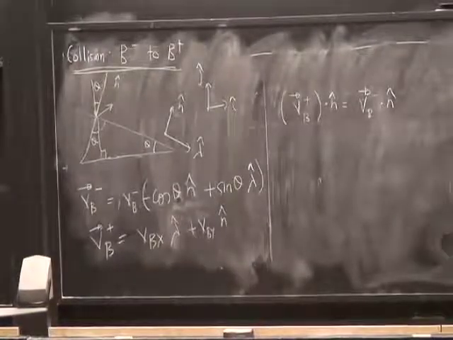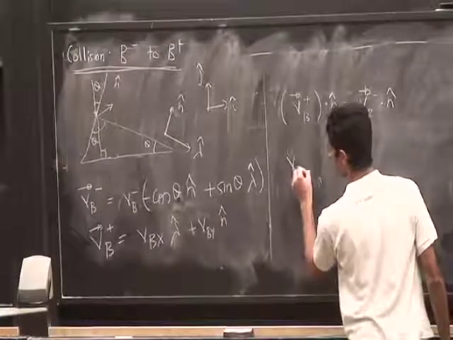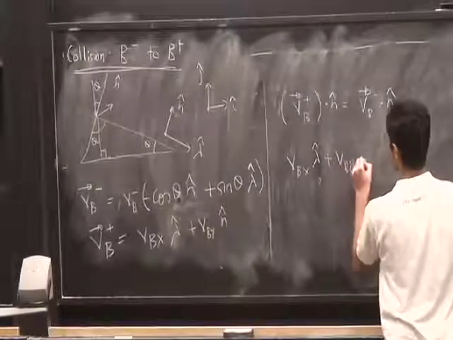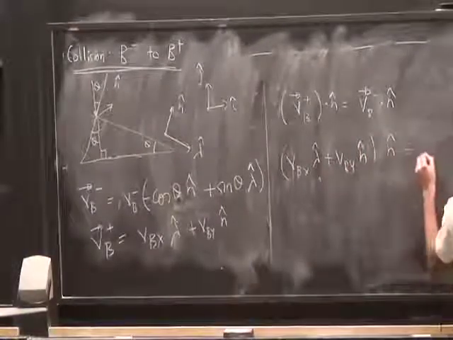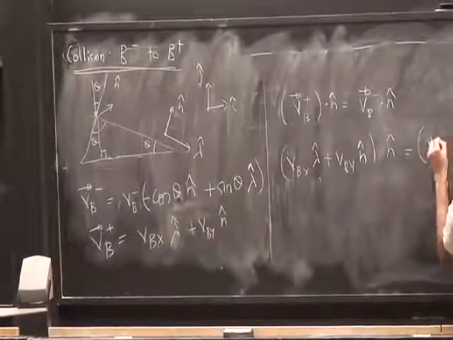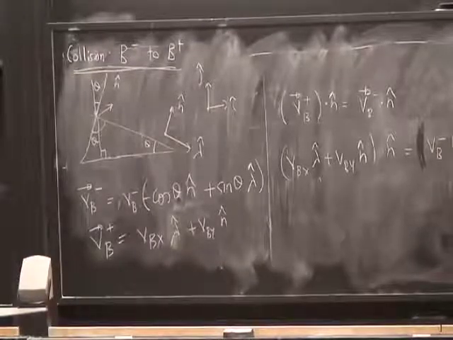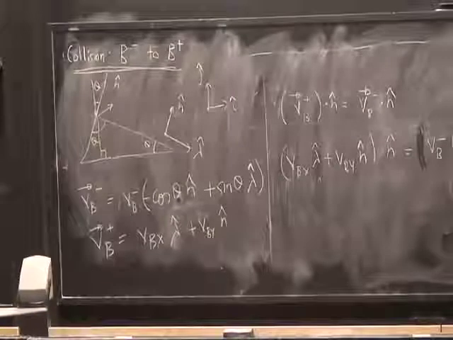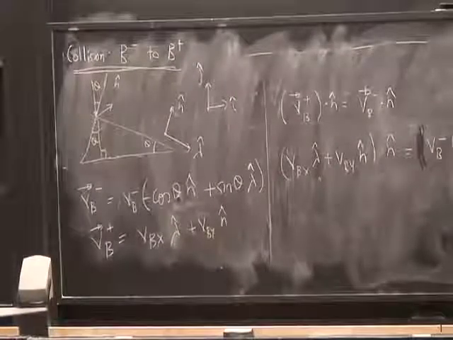What is the velocity after collision? It is simply vBx lambda plus vBy n, dotted with n, equals vB minus times minus cos theta n plus sine theta times lambda, dotted with n.